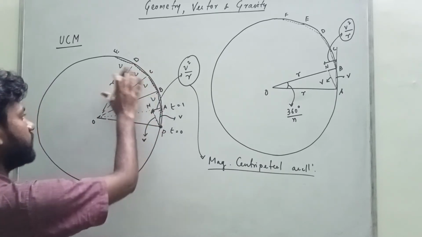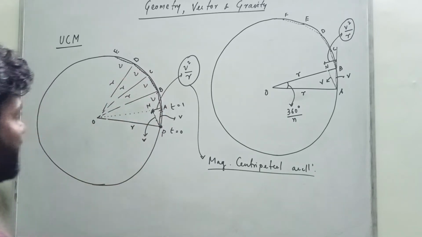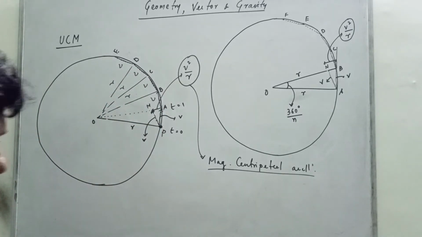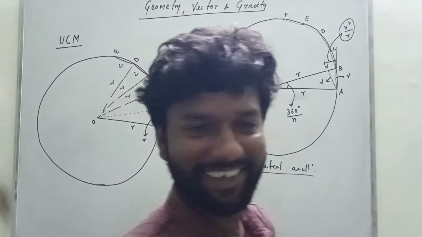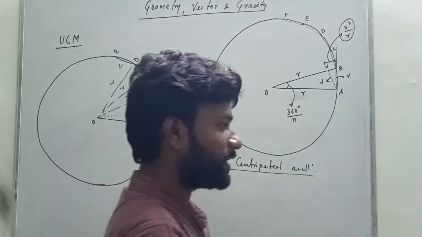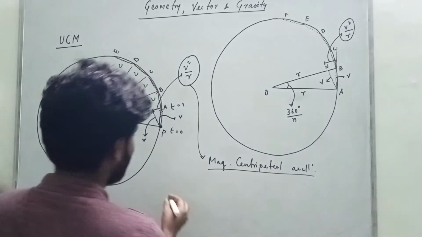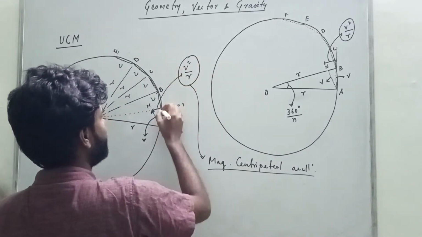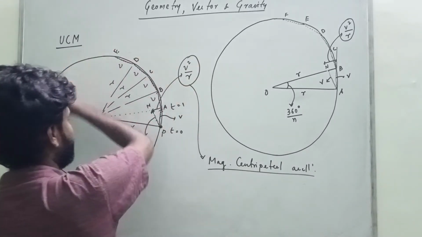So the radius of this circle is constant, and the particle goes at the same speed, I mean V, right? That means V and R are the same for each and every point in that circle.